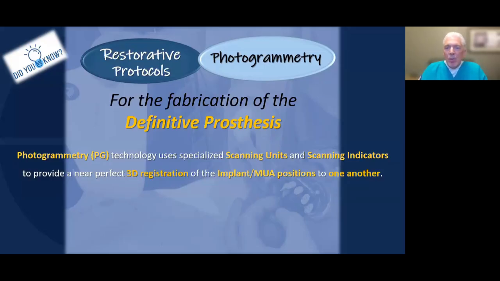So knowing that you're going to have the scanning units, and then the scanning indicators, scan bodies, different names for different systems, that's going to provide you a very near perfect 3D registration of the implant and MUA, because you're recording it with the multi-unit abutment on top of the implant already when you're attaching these scan bodies to the MUA for your scanning protocol.